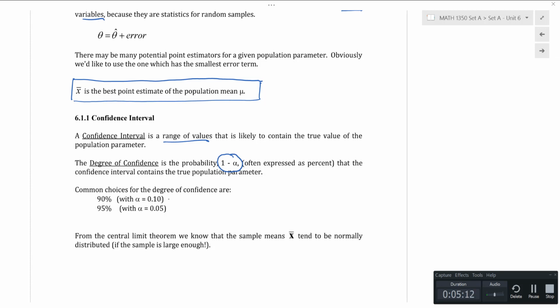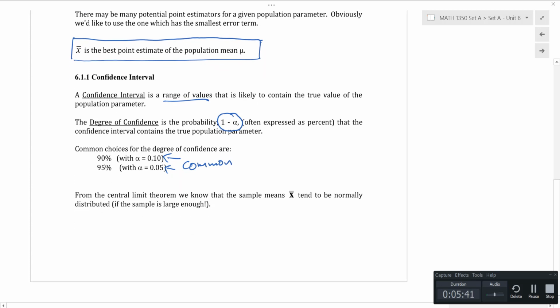Some common choices, these are pretty common to see: you may have 90% confidence intervals or 95% confidence intervals. I think that's a little more common. But they're often written in terms of the complement, in terms of alpha being either 0.1 or 0.05.